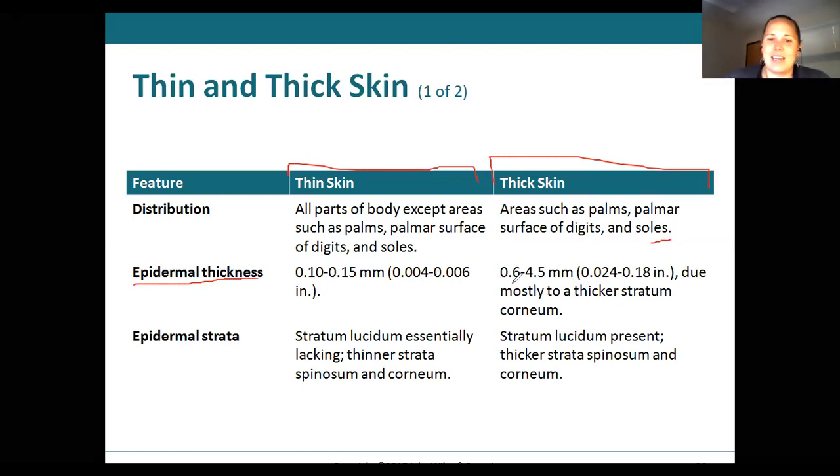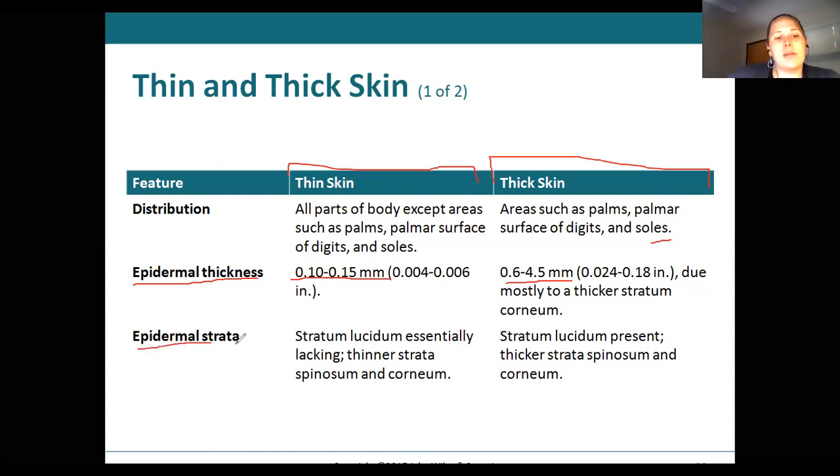In terms of the thickness, it lends itself to that thick versus thin skin. The thick skin is 0.6 to 4.5 millimeters, and the epidermal thickness of your thinner skin is 0.1 to 0.15 millimeters. If you want to think about the prototypical thickest and thinnest parts of the body, think about the heel. The heel, the sole of your foot, is going to be part of the thickest parts of your epidermal layers, and one of the thinner parts, your thin skin, would be your eyelids that cover your eyes.